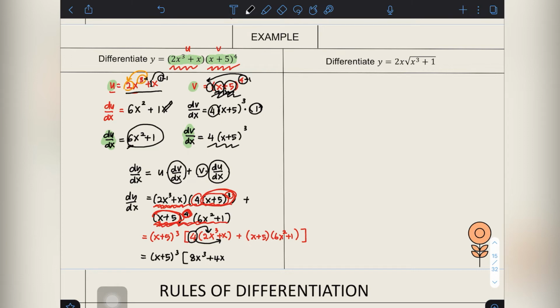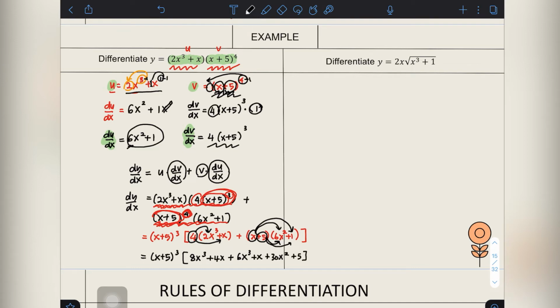Plus x multiplied by 6x^2, so you will have 6x^3. x multiplied by positive 1, you will get positive x. 5 multiplied by 6x^2, you will get 30x^2. And 5 multiplied by 1, you will get positive 5.